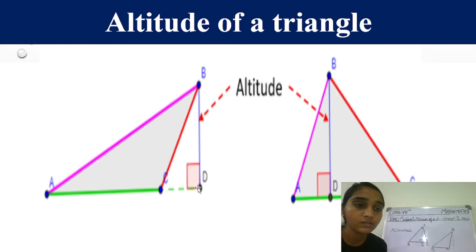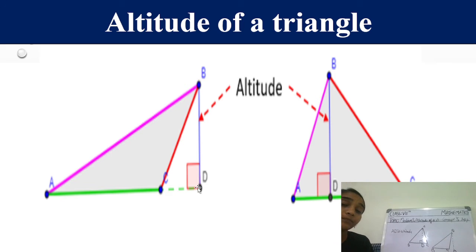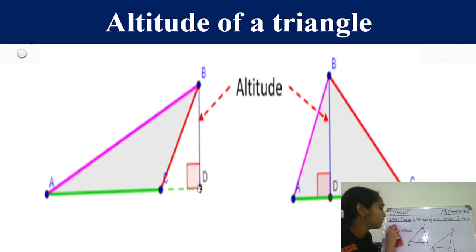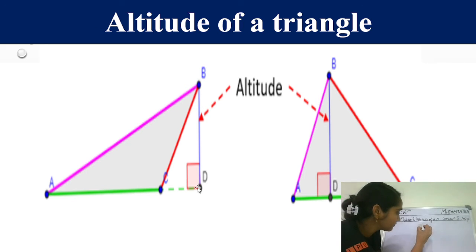So from here students, what can you infer about the altitude? Very good. The altitude of a triangle can lie inside the triangle or outside the triangle, and also on the triangle. If you take the example of a right angle triangle, which we have discussed in our earlier class, where one angle is 90 degrees, so one side will be exactly straight like this.